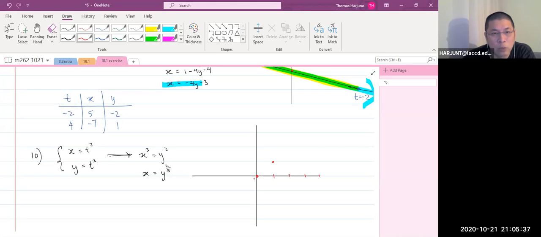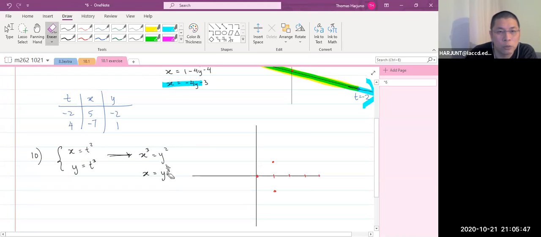Notice that x will always be positive, but y may be negative. So I don't really recommend doing it this way. You can, but I don't recommend that. Anyway, you will see the graph will approximately look like this.